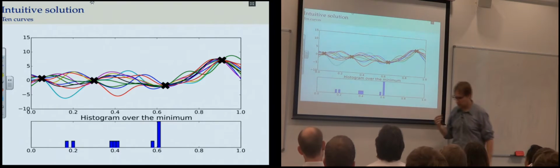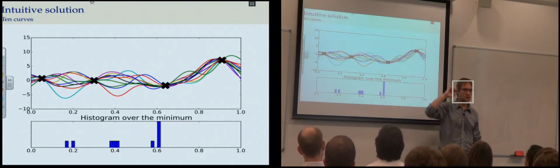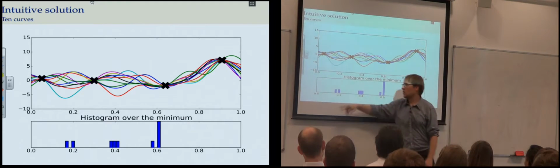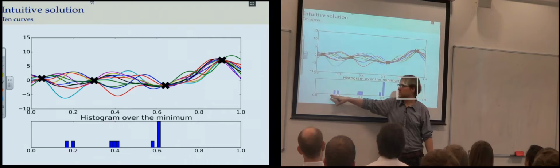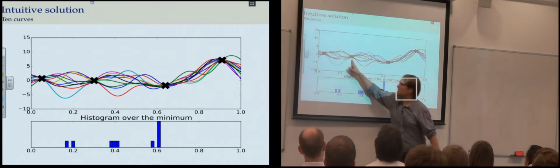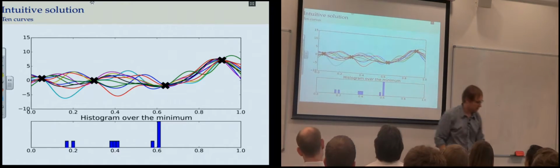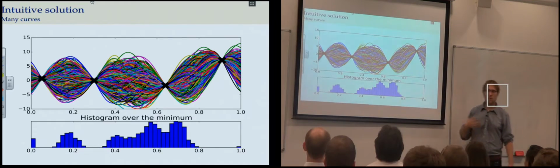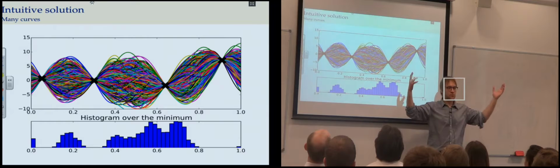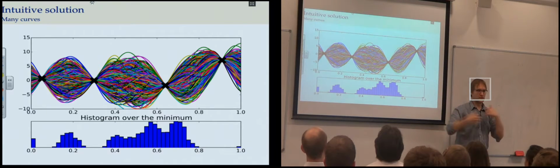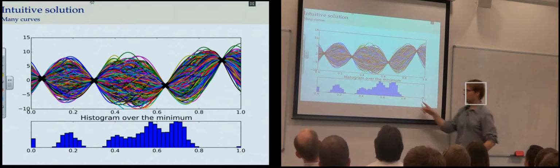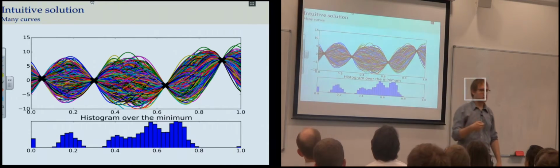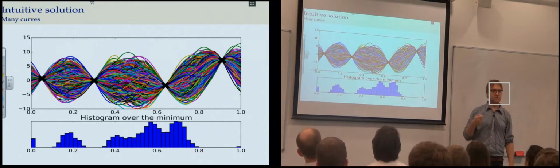And maybe some people, not everyone, were agreeing that we should evaluate the function here. Some of you will say, okay, probably the minimum is over here, so maybe you were thinking that the function was like this, right? So we can keep playing this game and generating more and more samples of this function that we want to optimize. What we are doing here, as I said before, is simply counting where the location of the minimum of those functions are, right?